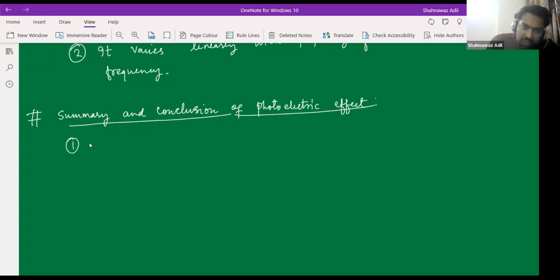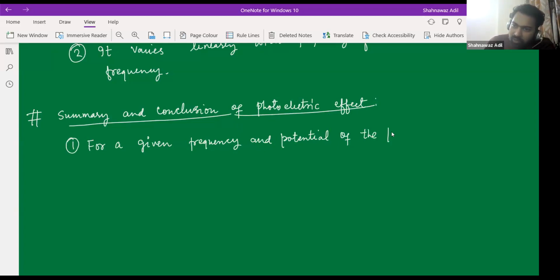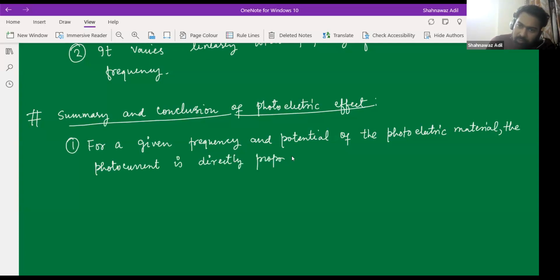First, what did we understand? That for a given frequency and potential of the photoelectric material, the photocurrent is directly proportional to the intensity of incoming radiation.